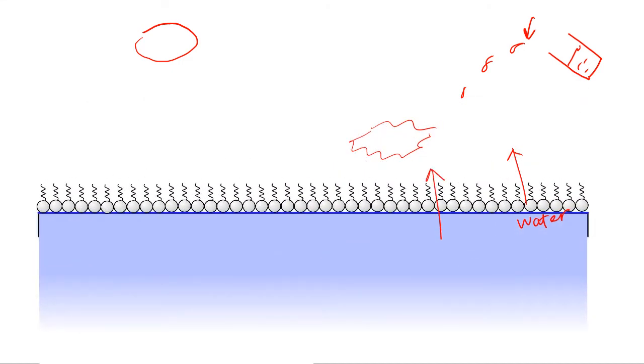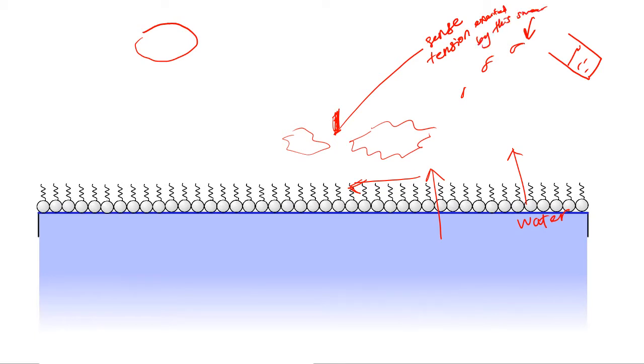And this is a movable barrier, whereby when this bar is moved to the left, the smear area will be reduced. And there is a very tiny detector, what you call a dipper, that can sense the tension or the pressure exerted by this smear film of organic.